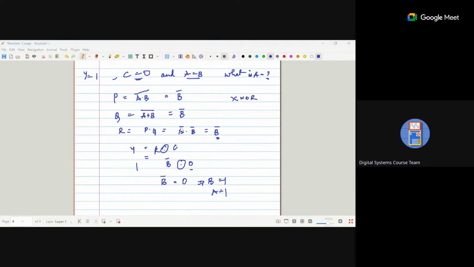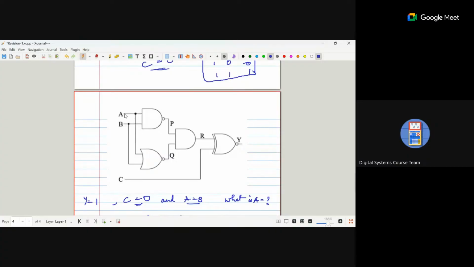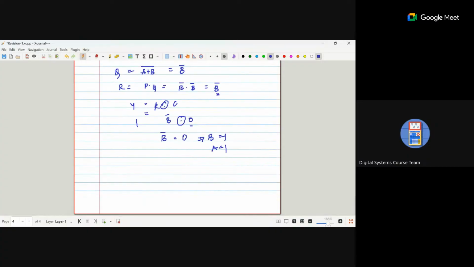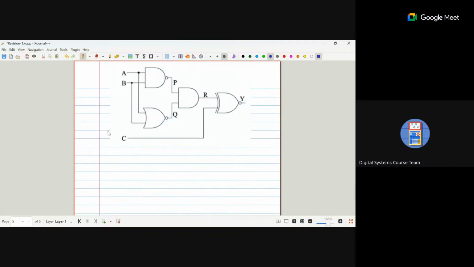Okay. Now for the same circuit diagram, we are trying to find Y in terms of SOP and POS.